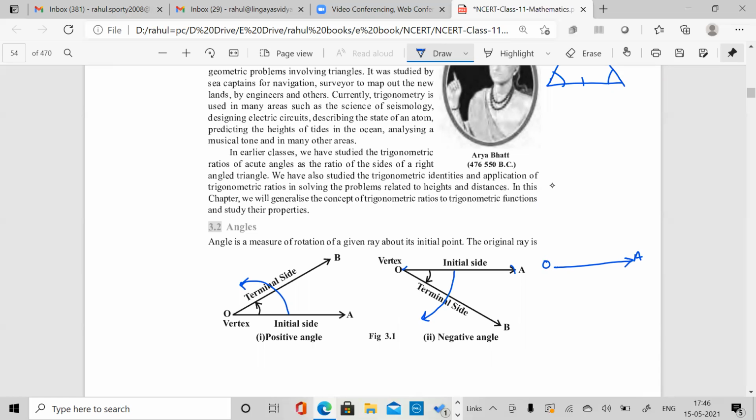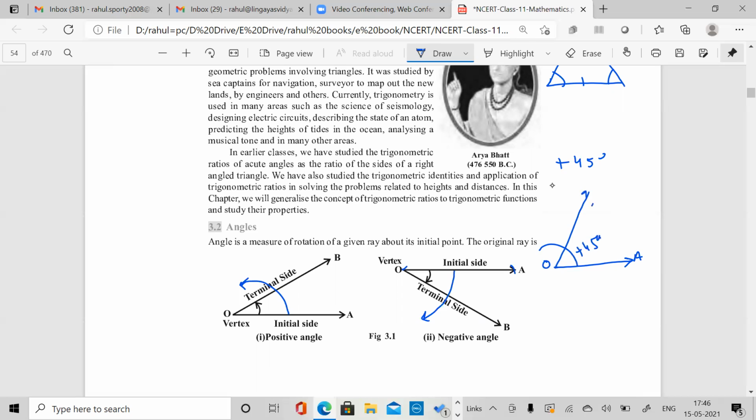For example, this is your reference line OA, and I am making a positive angle, suppose plus 45 degree. You have to measure using a compass in the anti-clockwise direction, so this will be your plus 45 degree.